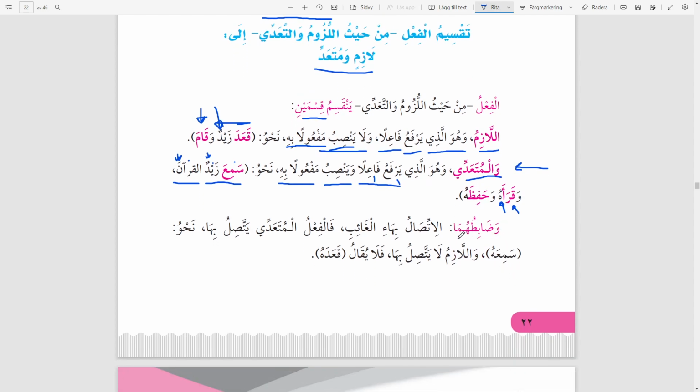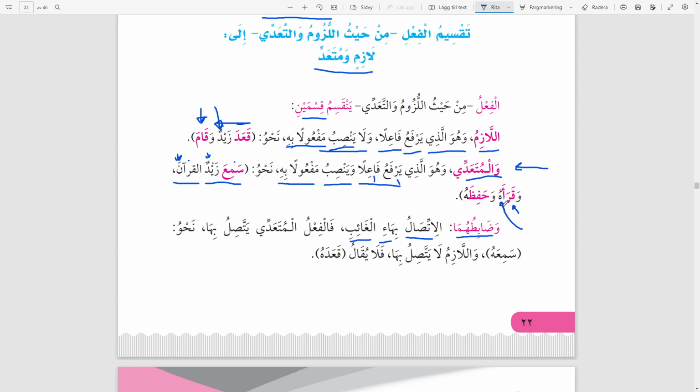وضابطهما, just a minute, I had some troubles understanding this. Okay, so this is like ضابطهما, meaning its criterion, let's say, or the distinguishing feature is that the verb can connect with a ha of al-ghaib, meaning it or him.